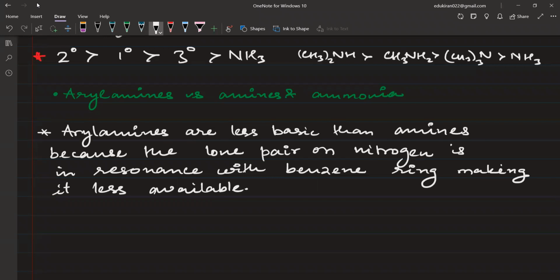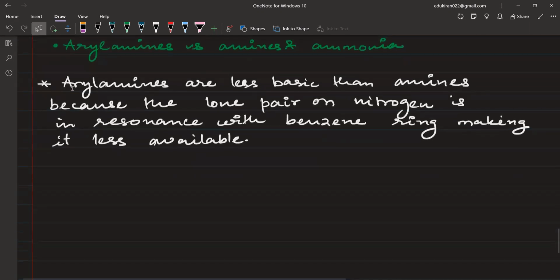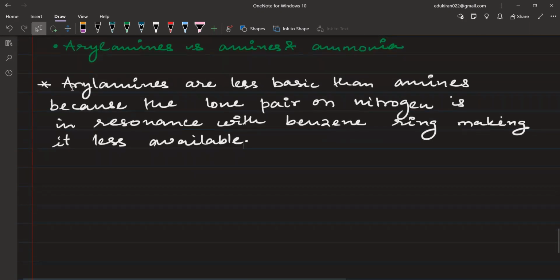ठीक है। तो पहला तो आपका कंपैरिजन किसके साथ हो गया, अमीन्स के साथ हो गया, राइट। नाउ व्हाट अबाउट अमोनिया, अमोनिया के केस में क्या होगा, प्लीज सी। If I talk about ammonia, then we will look at the conjugate acids of both aryl amines and ammonia.